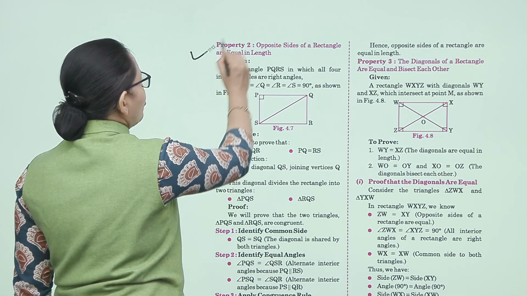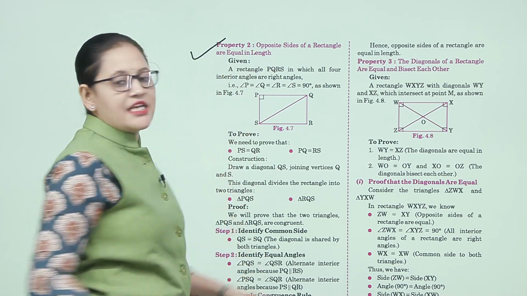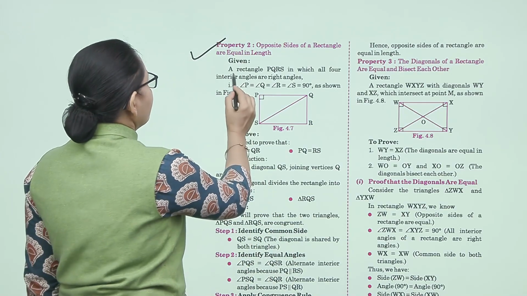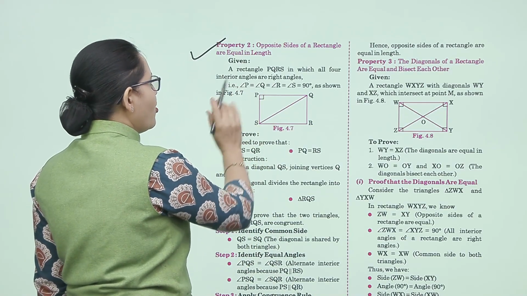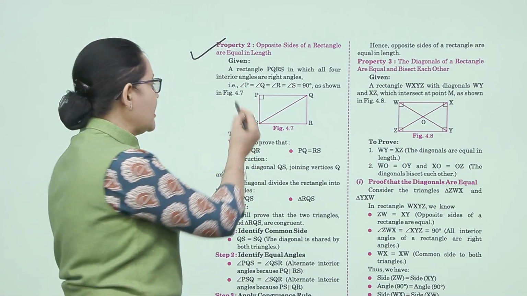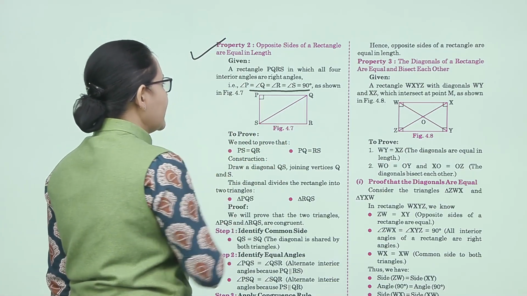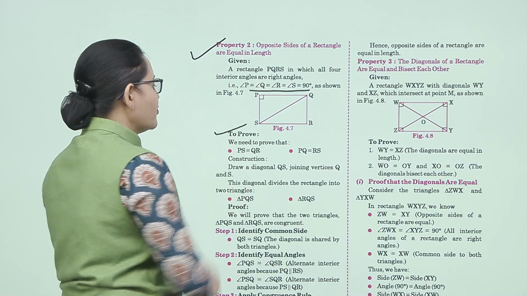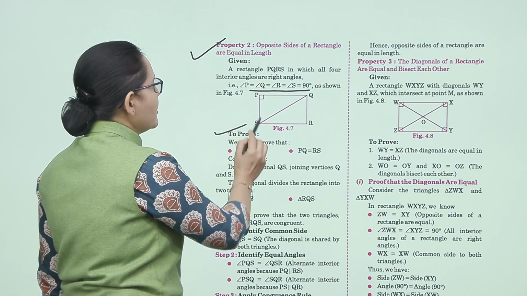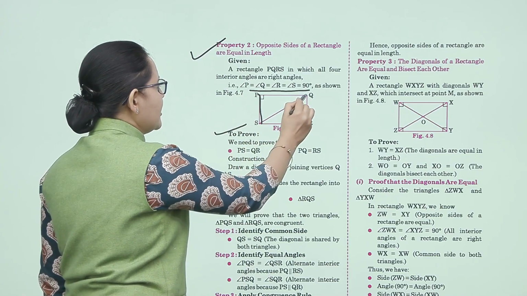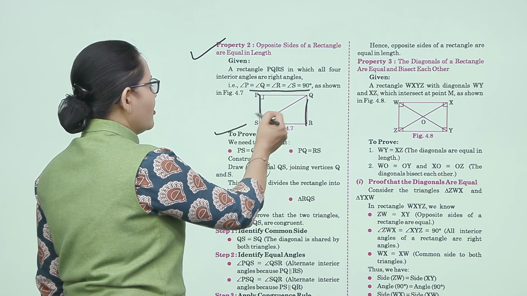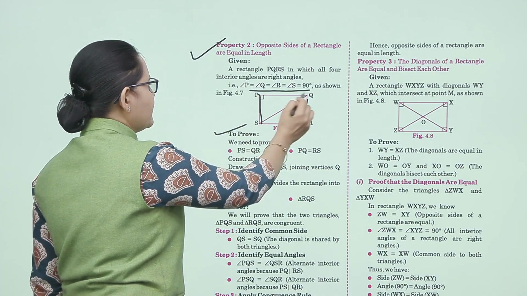Now, property 2: opposite sides of a rectangle are equal in length. So what is given to us? Rectangle PQRS is given. All four interior angles are right angles, that we know. That means angles P, Q, R and S are 90 degrees. Now, what do we have to prove? We have to prove that PS is equal to QR and SR is equal to PQ.